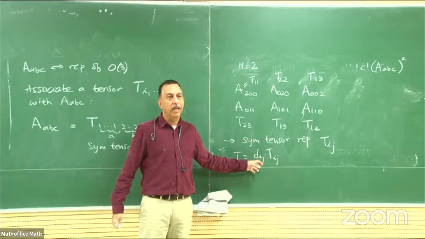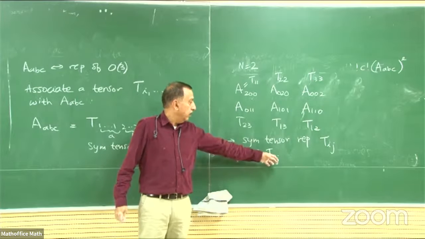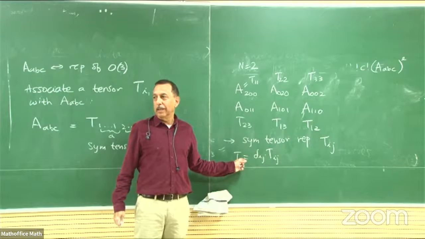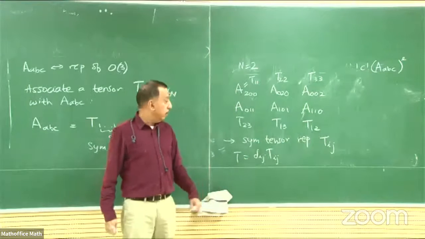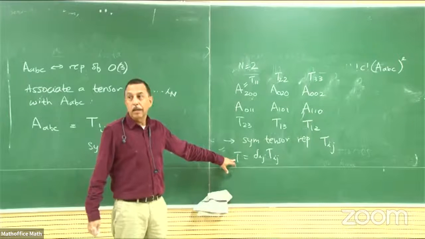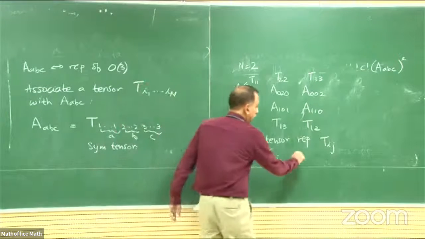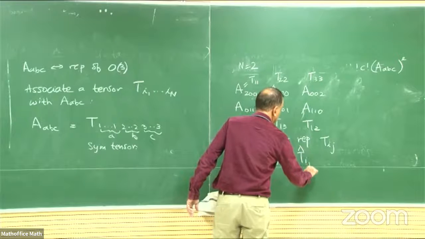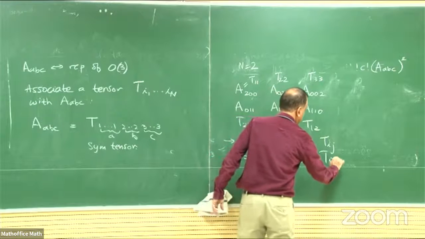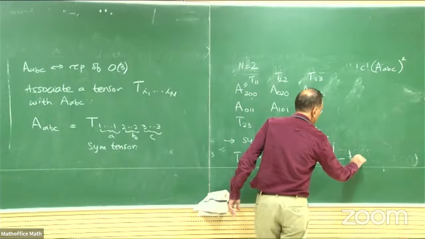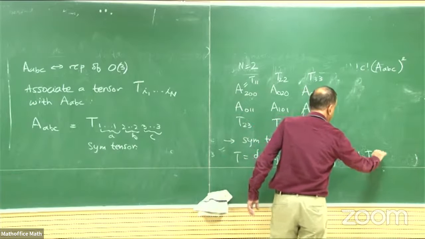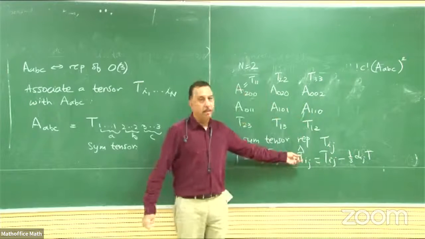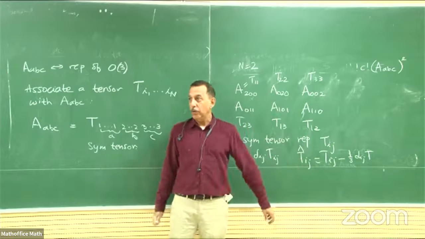If this transforms and this anyway is an O3 invariant, this thing remains O3 invariant. Okay, as a result, this is a singlet, and then you should consider T hat Ij, which is the trace subtracted part of T, so Tij minus 1/3 delta Ij T.